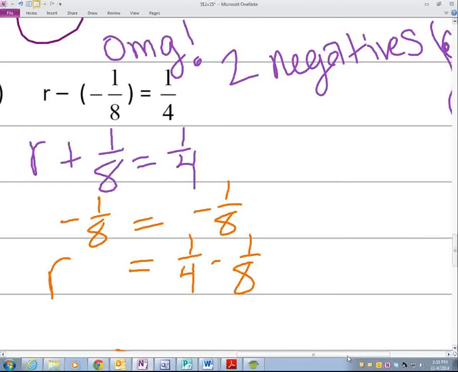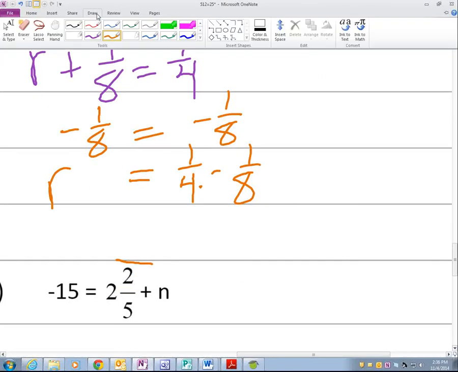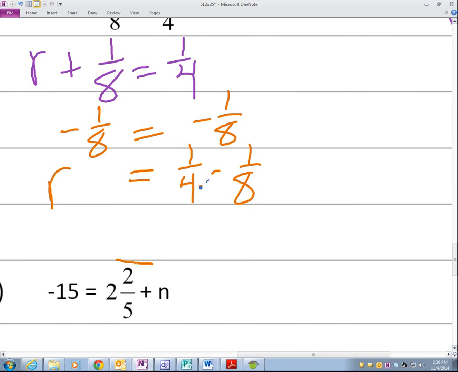I need to use a different color so you can see what's going on. Times 2, so I can get the least common denominator, which is 8. So now I have r, still by itself, 2/8 minus 1/8, which becomes 1/8.